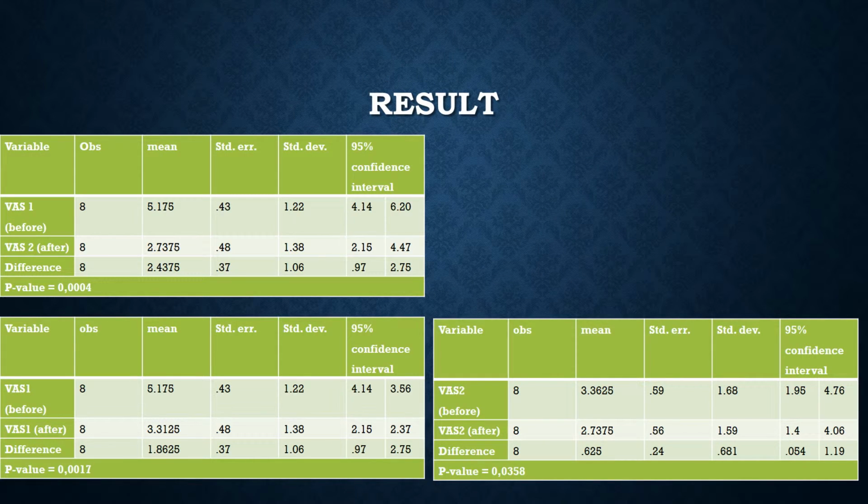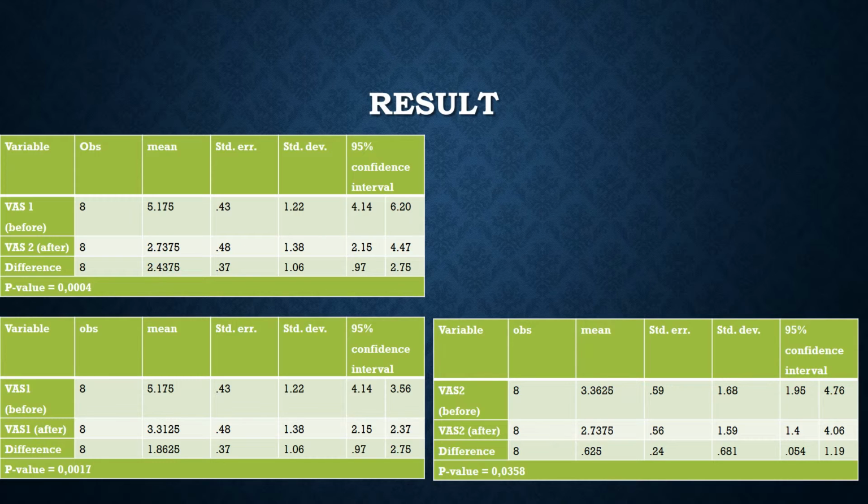As you can see on these tables, the study results showed a strong significant p-value of 0.0004 between VAS2 before and VAS2 after the treatment, with improved mean range by 2.4375.